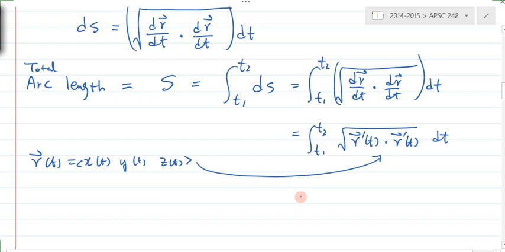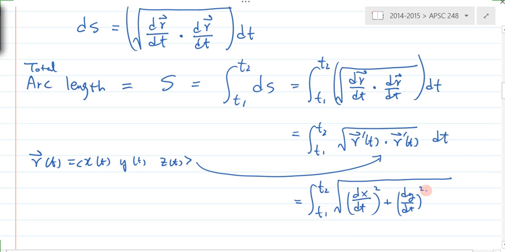Take derivatives first: dx over dt, dy over dt, dz over dt. Then do the dot product and take the square root. Inside the square root is dx over dt squared plus dy over dt squared plus dz over dt squared, all times dt.